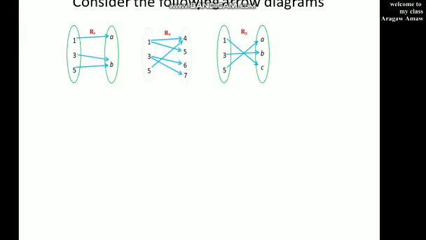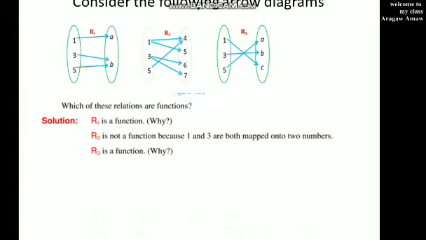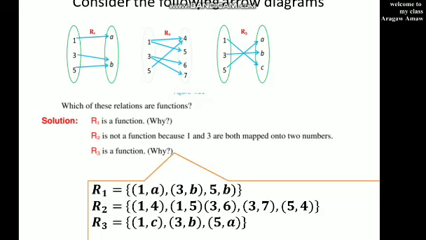In the first diagram, 1 maps to A, 3 maps to B, and 5 maps to B. Both 3 and 5 map to a single object B. In this case, it satisfies the definition and therefore it is a function.